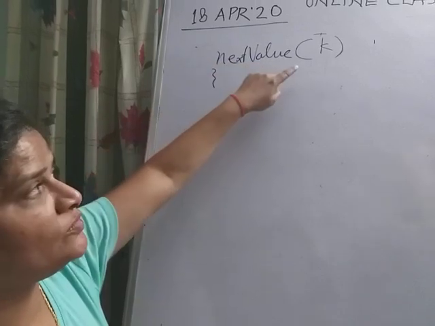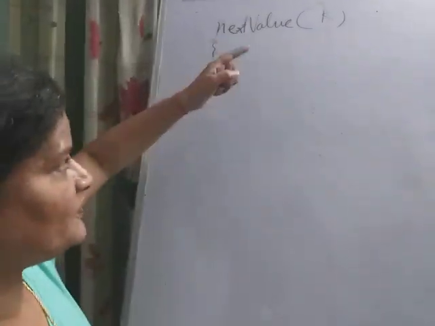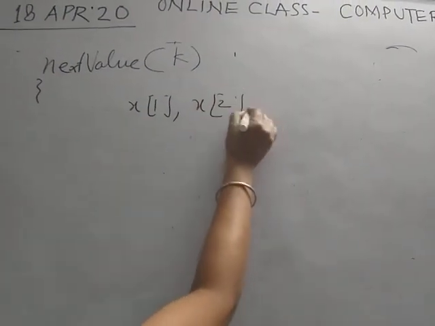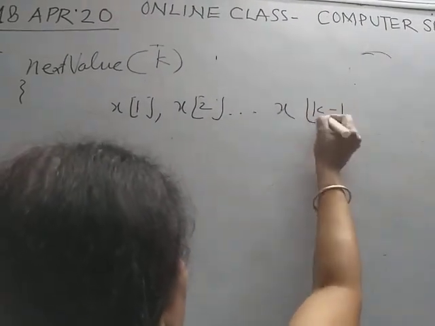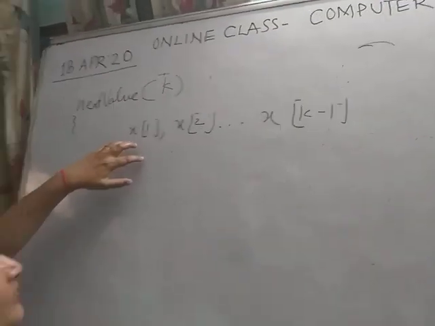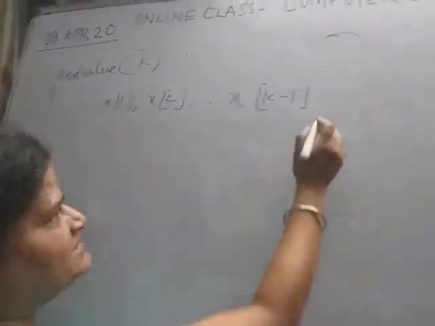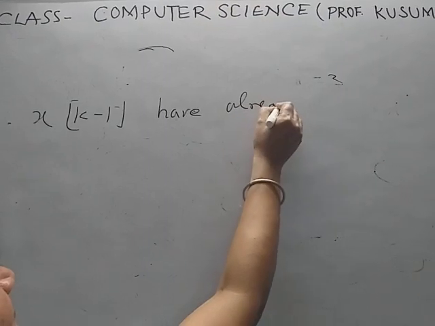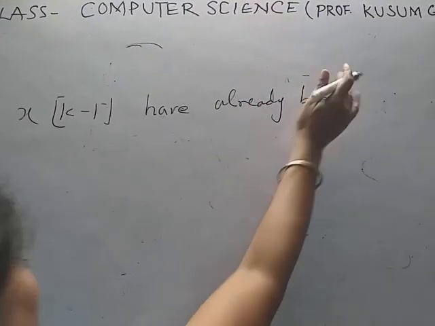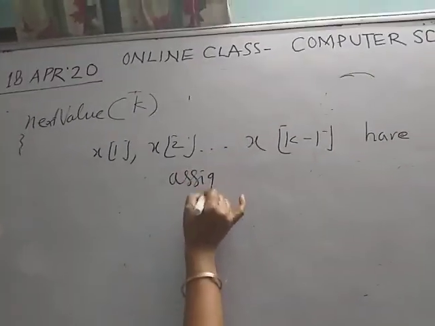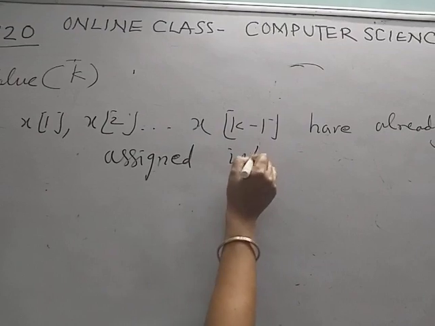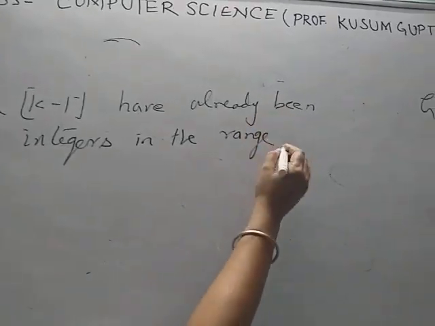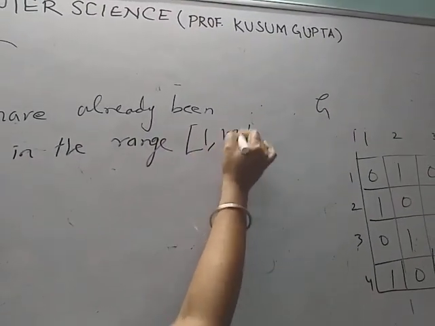When NextValue is called for k, before that x1, x2, and so on up to x_{k-1}, the components of the solution vector, have already been assigned integers in the range 1 to m.